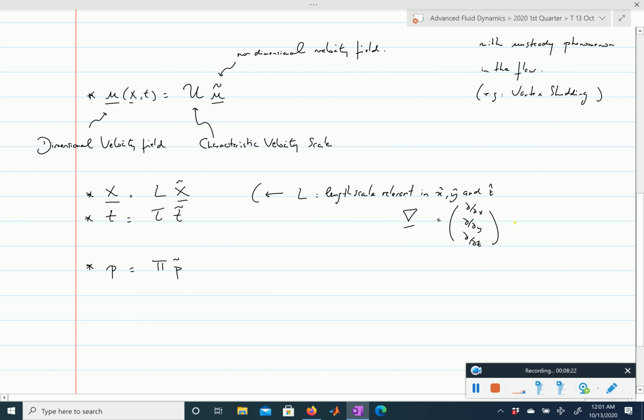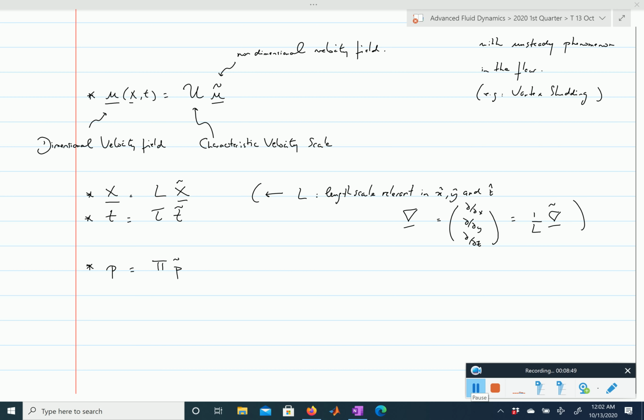So when we write it, we will write it as equal to 1 divided by L times a non-dimensional nabla. And then again, this has units of 1 divided by a length scale, so meters minus 1, and that has the same dimension as this. This non-dimensional nabla has no dimension, and here we have really meters minus 1.